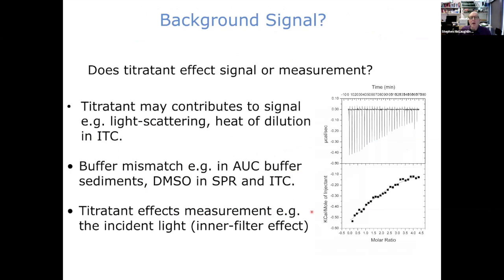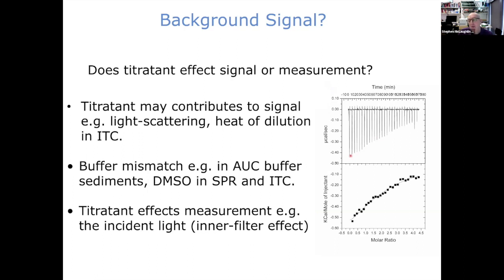So what's your background signal? You have to be really, really careful in terms of, say, your titrant contributing to the signal. So it could be light scattering, or in ITC, there's heat of dilution. Here's an example here, which was just putting in DMSO.